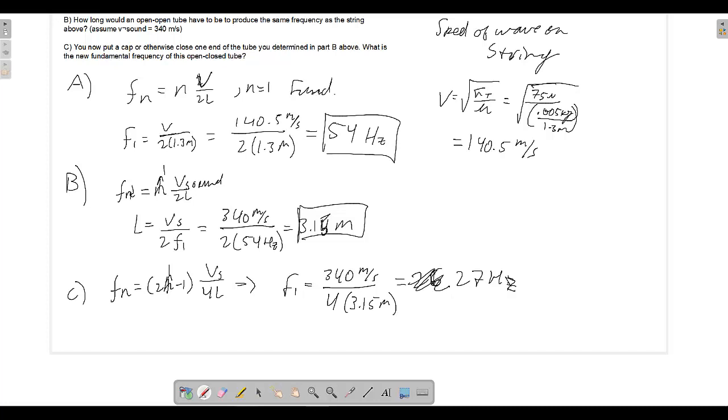And if you look carefully, you'll notice that it is half the frequency. It's actually an octave apart, right? One octave is when you double the frequency. So if we double 27, we get 54, which is the frequency of the open pipe. So if you close off an open tube and make it an open-closed tube, it lowers the frequency by one octave. Interesting.